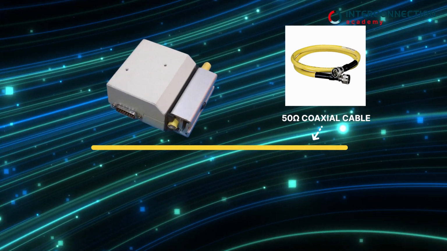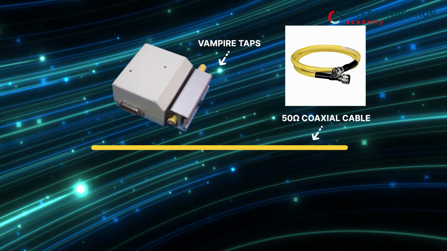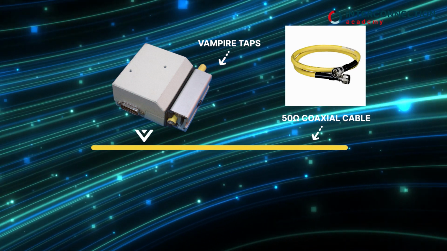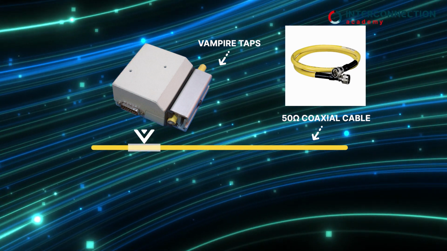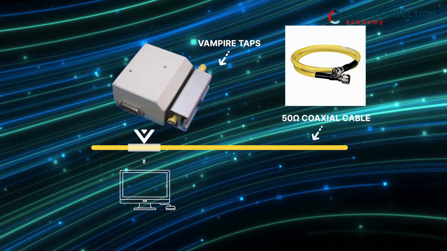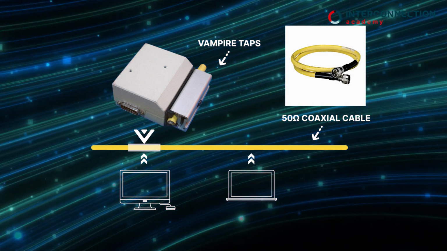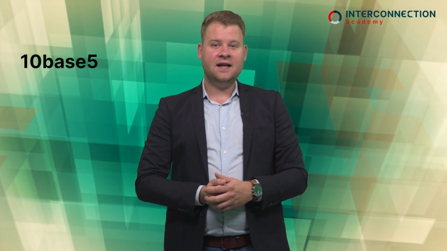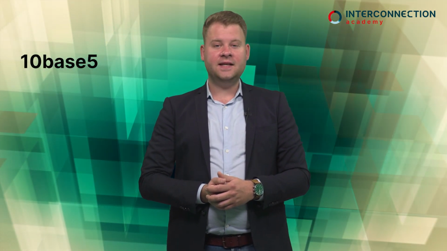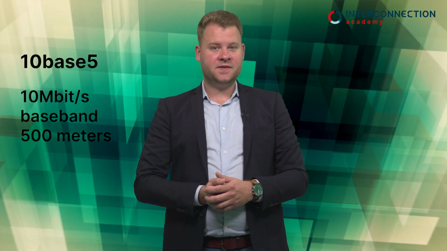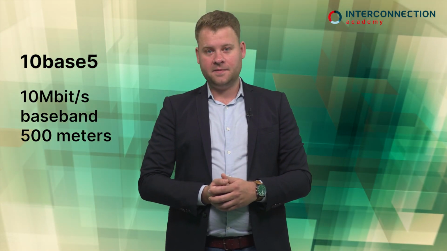Transceivers, known as vampire taps, punctured the cable, allowing Ethernet devices, for example computers, to connect along the coaxial cable. The configuration was standardized as 10Base5, signifying 10 megabits per second baseband transmission and a maximum distance of 500 meters.